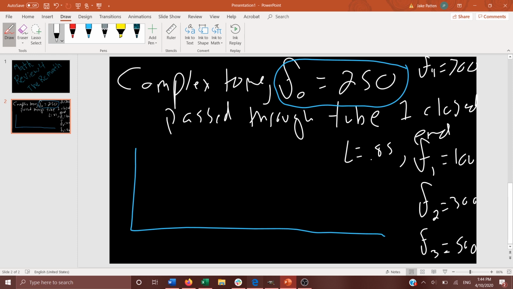Whoops, I accidentally erased the P. That makes funny jokes. All right, so 250, 500, 750. Now what I do is I will draw in the frequencies for my tube as well.